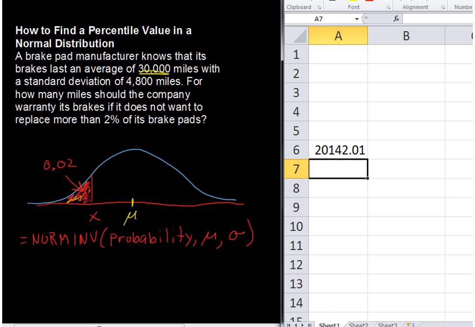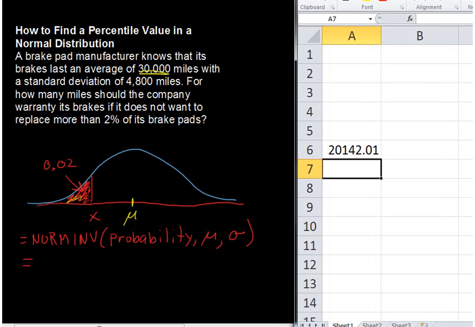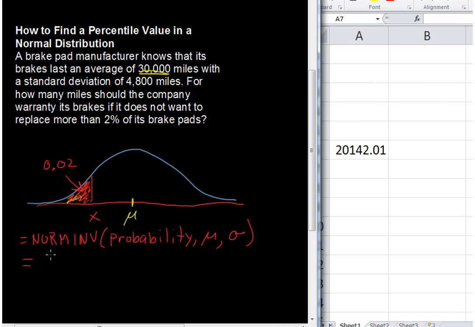Now you may think, hey, that looks pretty darn big. Is that right? 20,142. Well, let's think of it logically. 20,142 miles. I said earlier that the curve would actually be a lot steeper than this, with this standard deviation relative to this mean.